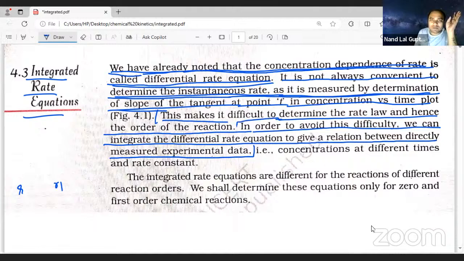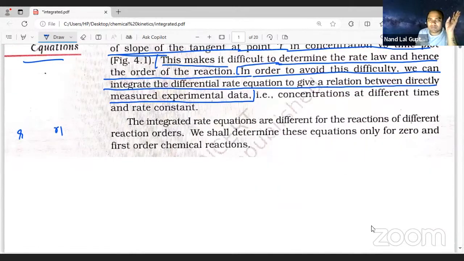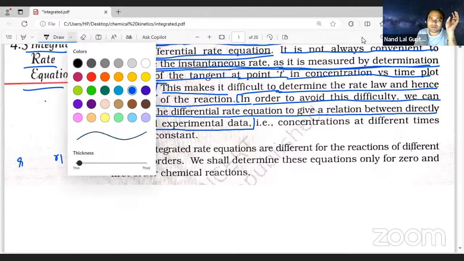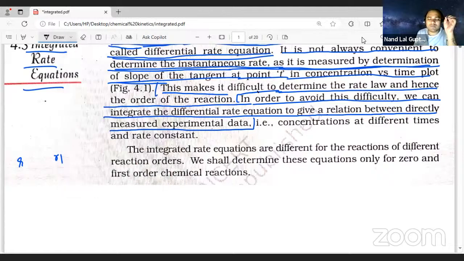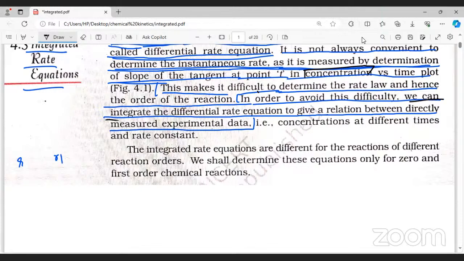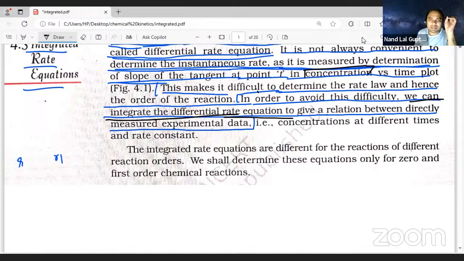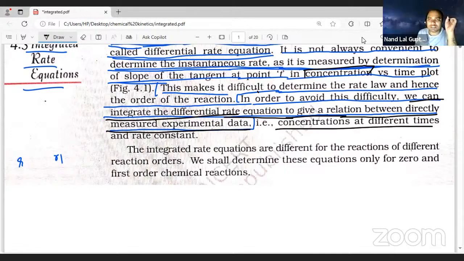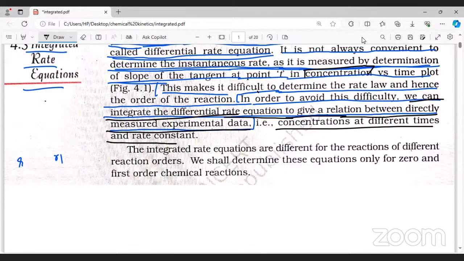Earlier, we were determining the instantaneous rate of reaction by the slope of the graph between concentration and time. But now, to avoid this problem, we integrate the differential rate equation to give a relation between directly measured experimental data, that is, concentration at different times and the rate constant.